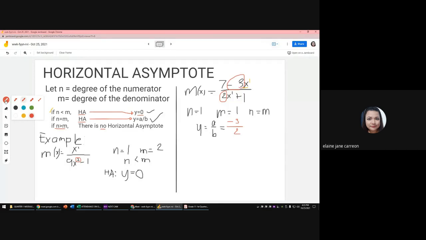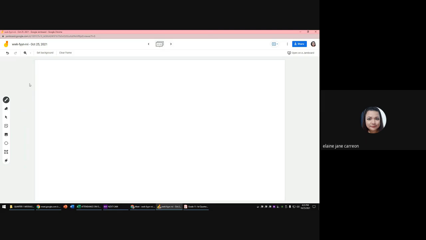Yes, Jaiko, are you raising your hand? Ma'am, how did m become 1? In the other one, it was 2. Okay. The highest exponent is m and n. n is the highest exponent of the numerator. This is the numerator, this is the denominator. Let me give you a concrete example.